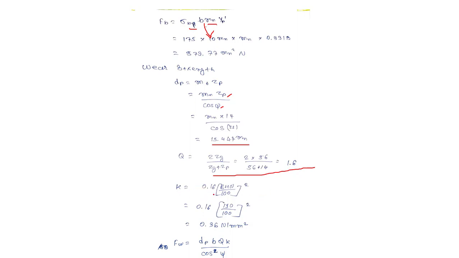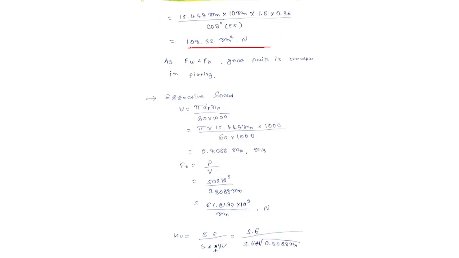And K, for pinion and gear both steel, we can use the equation 0.16 BHN upon 100 square. These standards are available in the design data book. So we get the value of K as 0.36 Newton per mm square. For wear strength in helical gear, we use the equation Fw is equal to dp b Q K upon cos square psi.